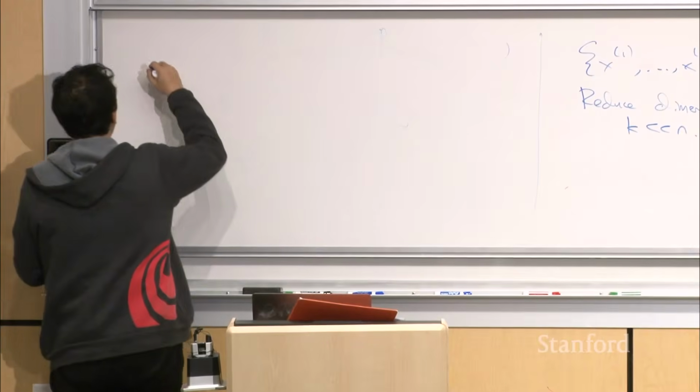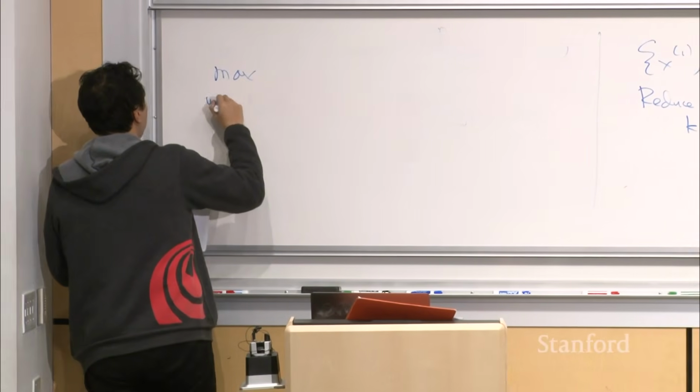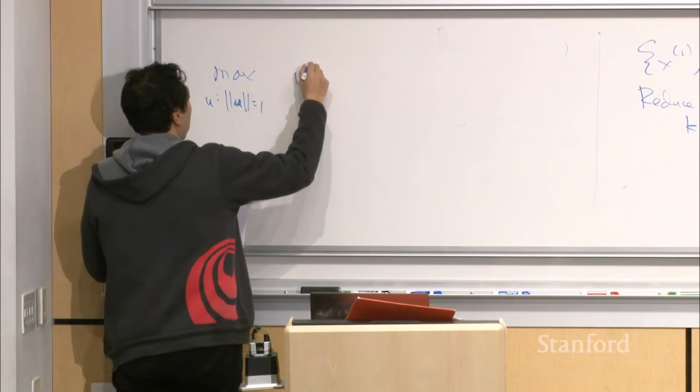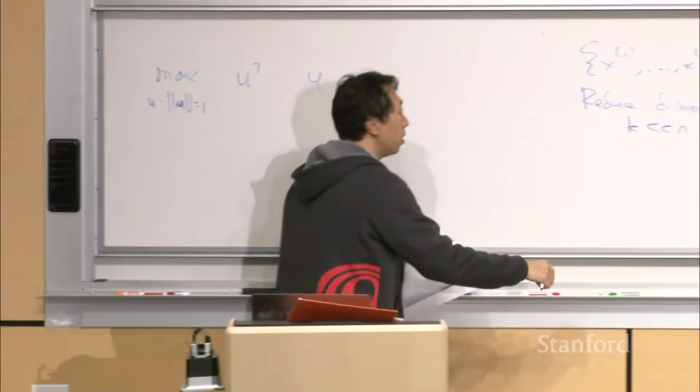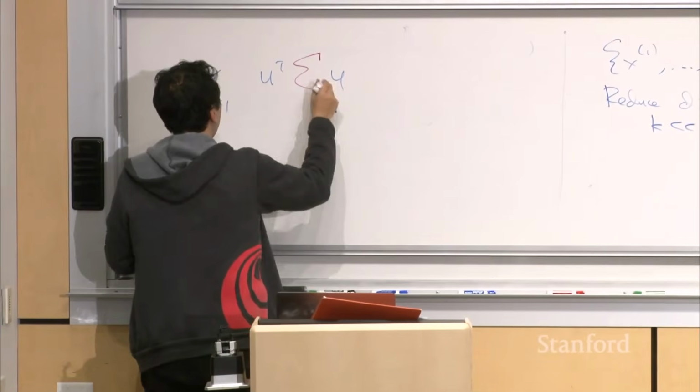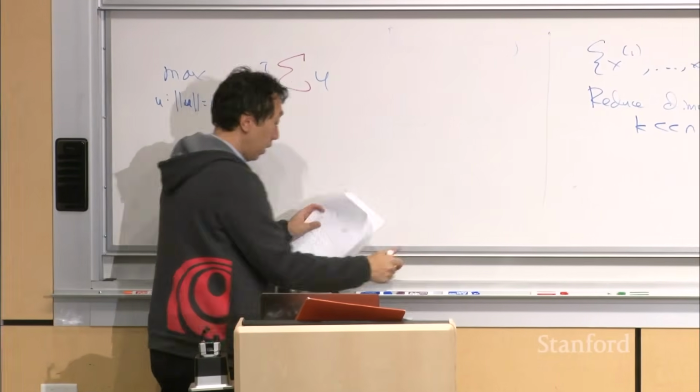And so what we would like to do is maximize, over u with norm of u equals 1, u transpose sigma u.